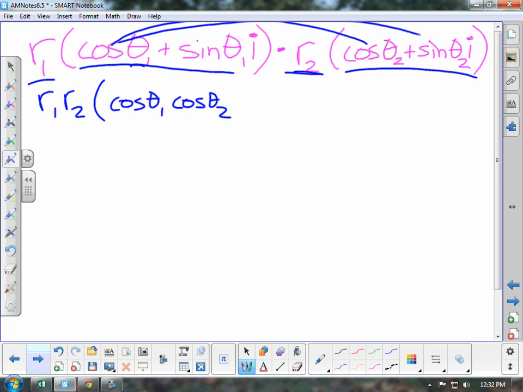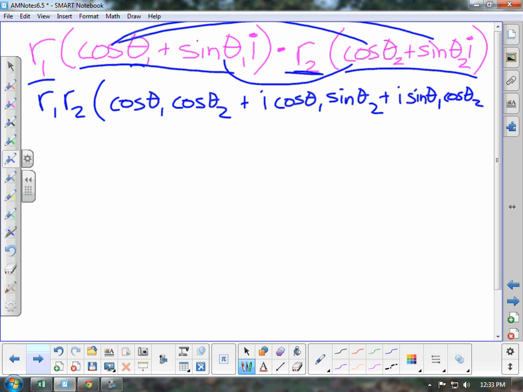Then multiplying those two would get you plus i cosine theta 1 sine theta 2. Multiplying these two would be plus i sine theta 1 cosine theta 2. And then multiplying those two would be plus sine theta 1 sine theta 2, and then i squared.